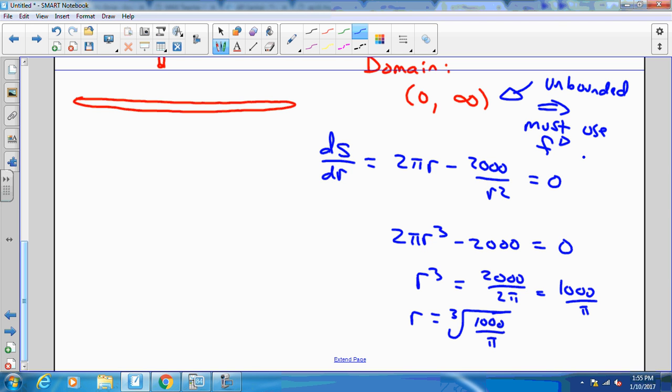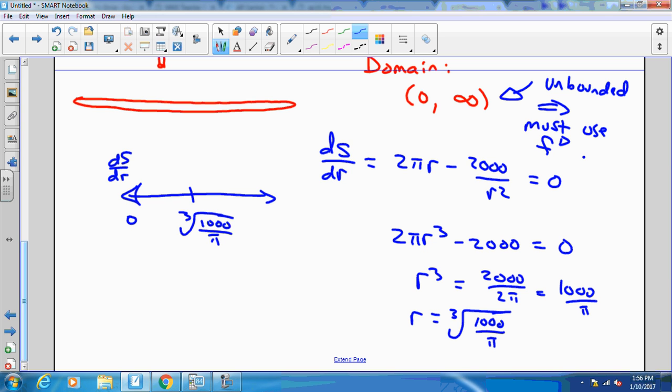I could find a decimal approximation if I wanted to, but I'm not really interested in doing that. So now let me evaluate the sign of dS/dr, or I could write it as S prime. And here is my critical point. And my domain stretches all the way from 0 out to infinity.